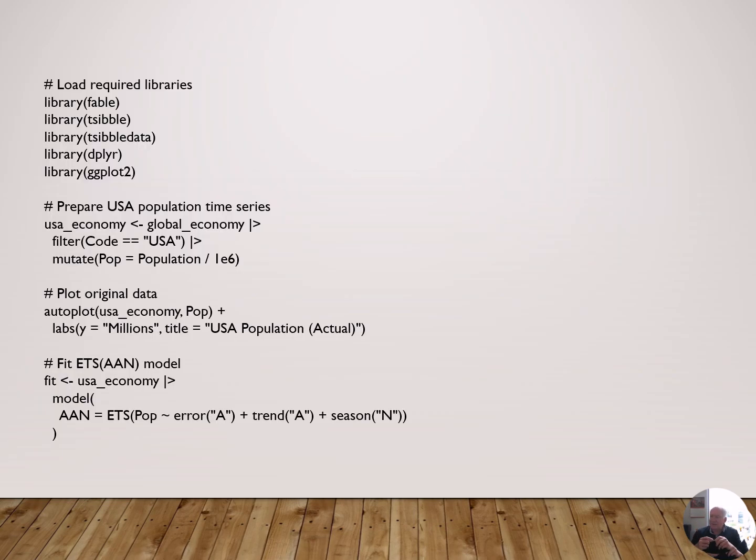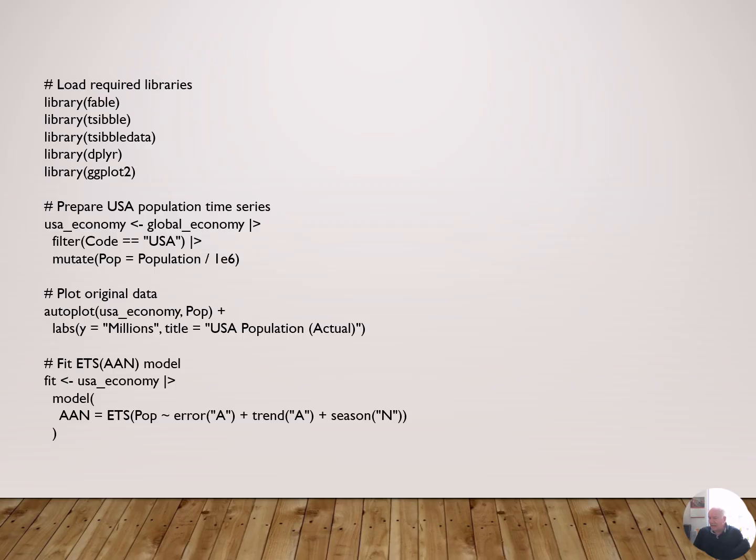So to get these plots, we loaded the libraries and we prepared the US population time series. So we looked at the USA economy, and we got that from the global economy, which once again is a data set that's saved.